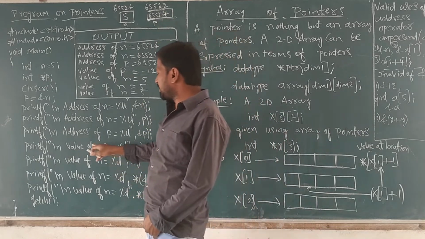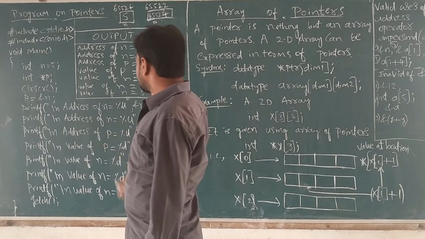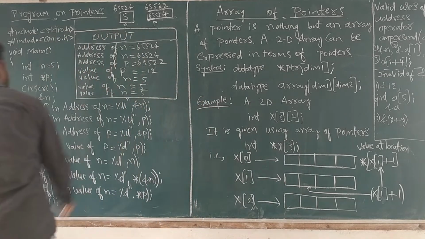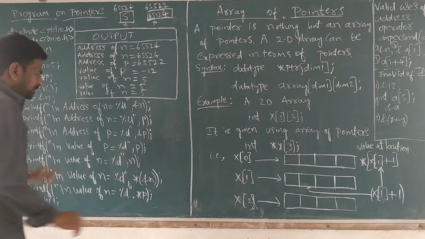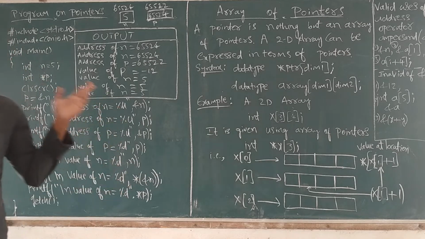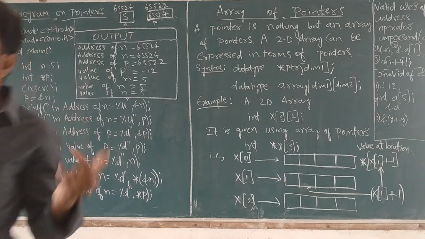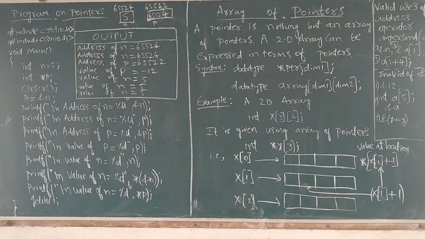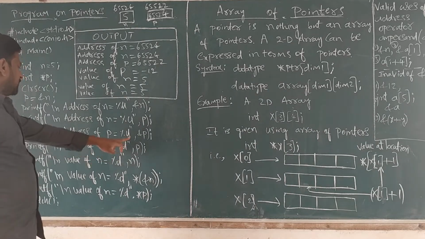In the next statement, address of p is equal to format specifier percent u, and p is a pointer variable. In that we are giving address of p. So what will we get here? The address of p.